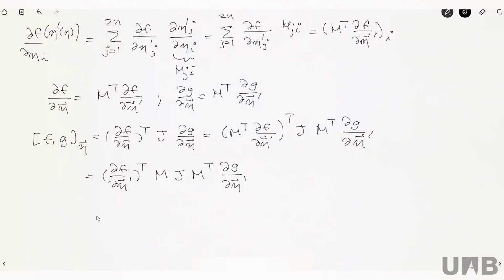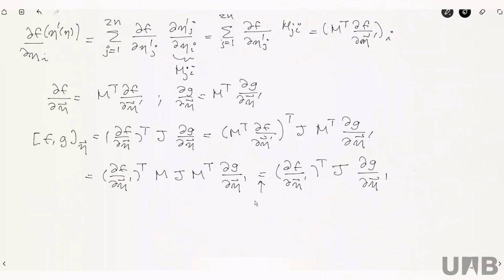Of course, this has to be this. And in terms of the prime variables, this would have to be the partial of f with respect to eta prime transpose, J, partial of g with respect to eta prime.